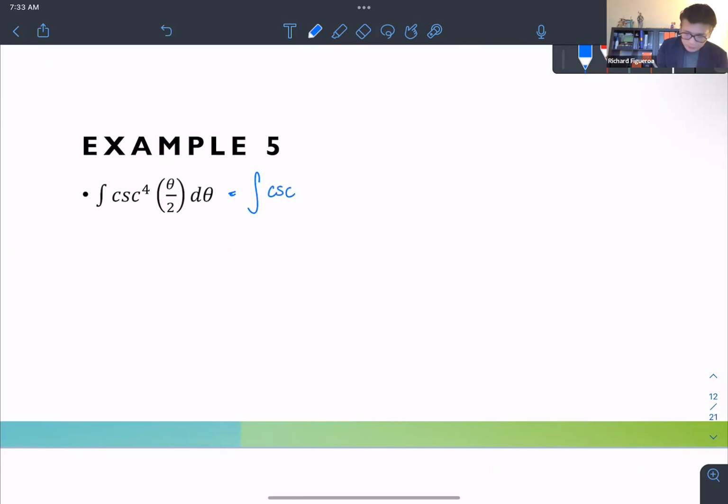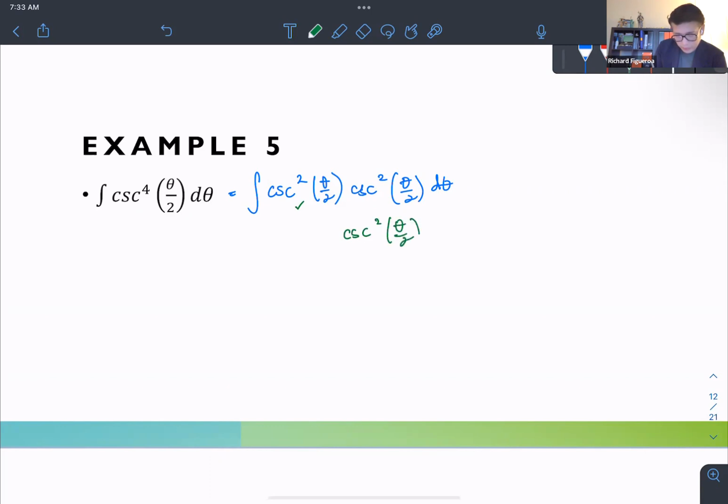So cosecant squared theta over 2 times cosecant squared theta over 2 d theta. And then, what do we substitute? So this one: cosecant squared theta over 2 is the same as cotangent squared theta over 2 plus 1. Okay.